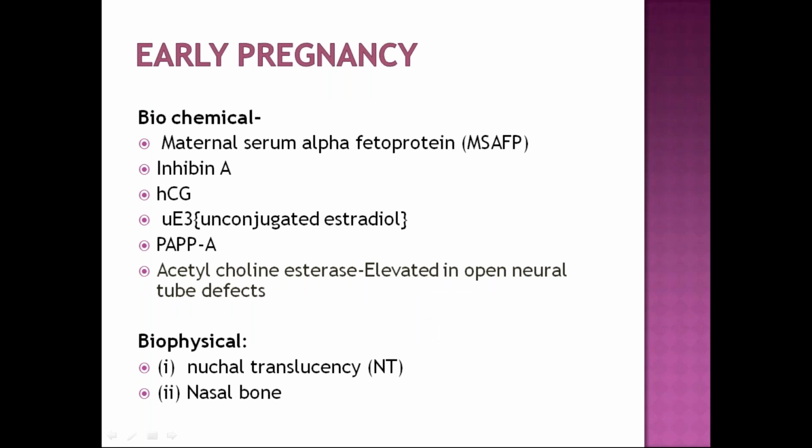Early pregnancy is also important. Though most of the time we concentrate on late pregnancy, in early pregnancy investigation is also there. At 9 to 11 weeks we check maternal serum alpha-fetoprotein, inhibin, HCG, all these things. These are associated with Down syndrome or neural tube defects, so it has to be done.